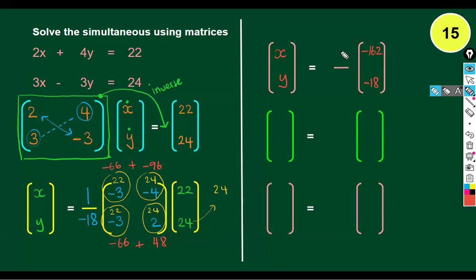And don't forget, we have 1 divided by minus 18. Now, in the last question, we had 1 divided by 1, right? So that confused a lot of people. What happens now is that everyone inside the brackets gets multiplied by how much? 1 over minus 18, right?